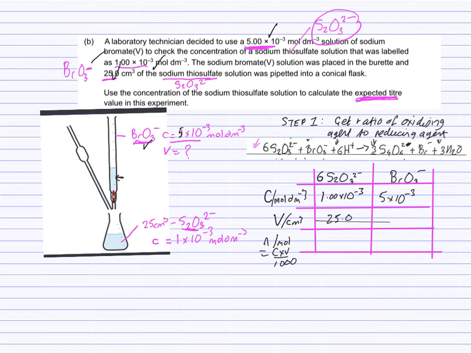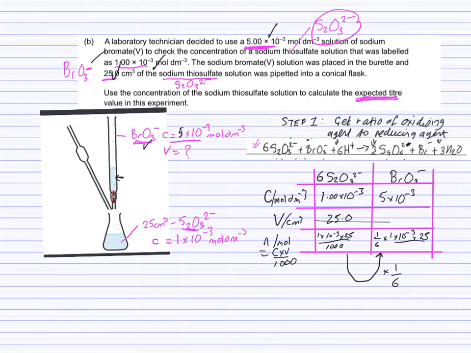The volume of the thiosulfate is in the conical flask, which is 25 centimetres cubed. And therefore the amount is concentration times volume, which then can be transferred to the moles of bromate. But because it's a ratio of 6 to 1, we times the number of moles by 1/6. So we reduce it down to a sixth of the number of moles.